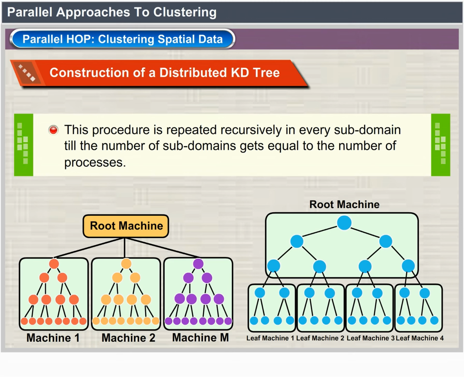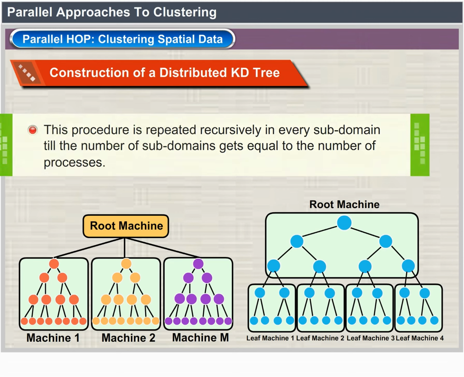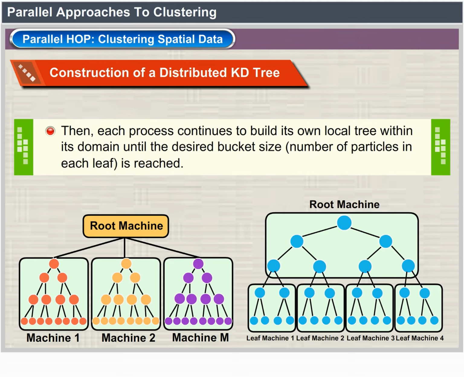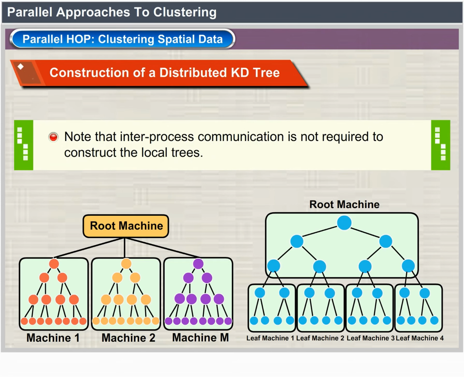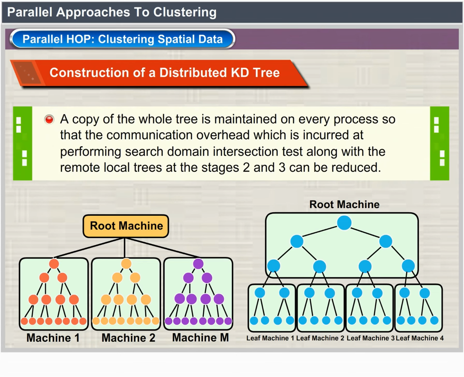Then each process continues to build its own local tree within its domain until the desired bucket size, the number of particles in each leaf, is reached. Note that inter-process communication is not required in the construction of the local trees. A copy of the whole tree is maintained on every process so that the communication overhead incurred at performing search domain intersection test with the remote local trees at stages 2 and 3 can be reduced.